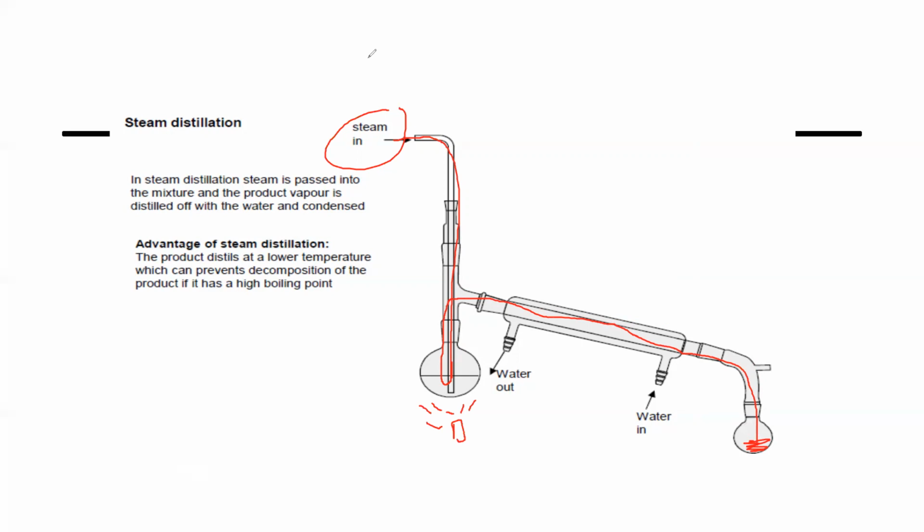In steam distillation, steam is passed into a mixture and the product vapor is distilled off with water and condenses. The advantage of steam distillation is that the product distills at a lower temperature, which can prevent decomposition of a product if it has a high boiling point. Is it clear?